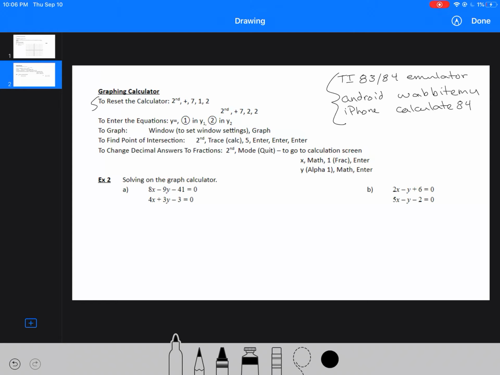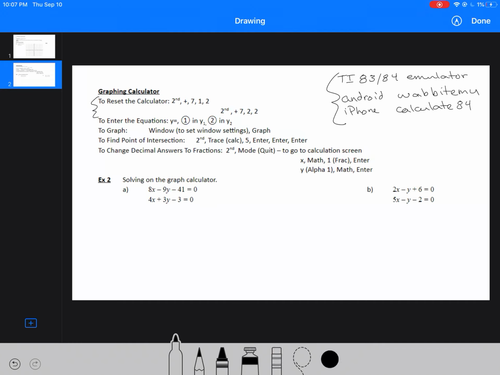These two steps just reset the calculator to clear any memory before. In your y equals window, you want to enter your two equations. So our first one is 8x minus 9y minus 41. But on the graphing calculator, they all have to be in y equals mx plus b form. So let's rearrange these ones first.